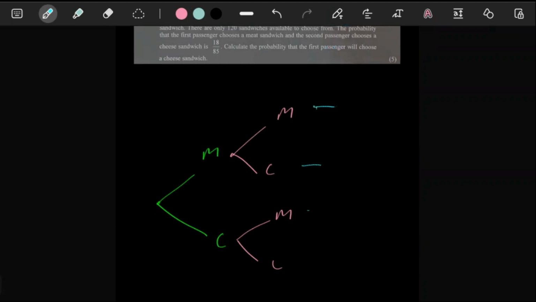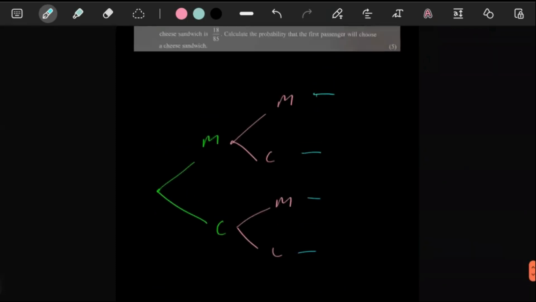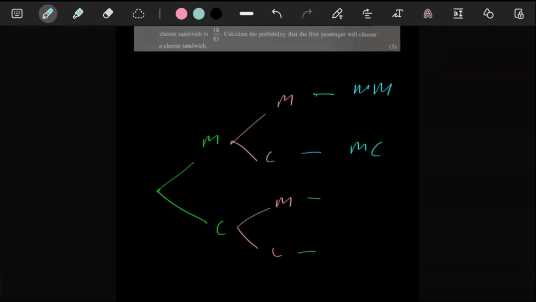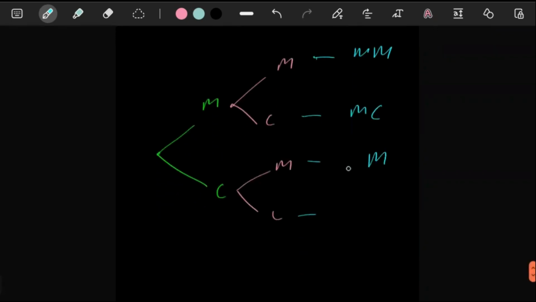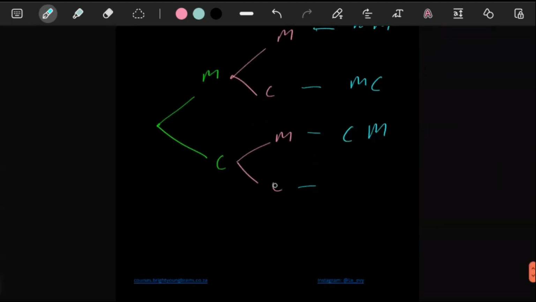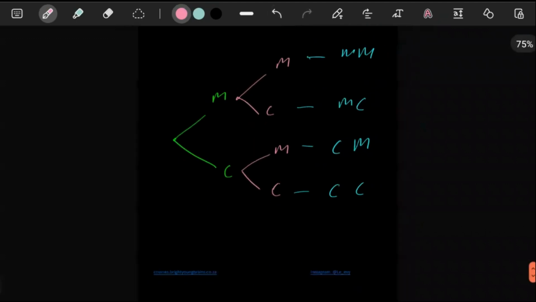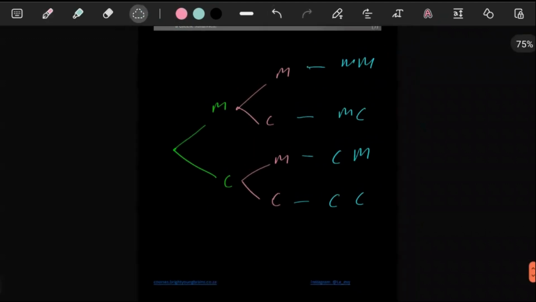When two people have picked out a sandwich, those two people are either both going to pick meat, or the first one picks meat and the second picks cheese, or the first one picks cheese and the second picks meat, or both pick cheese. This gives us a layout of all the possible outcomes for two people choosing a sandwich.